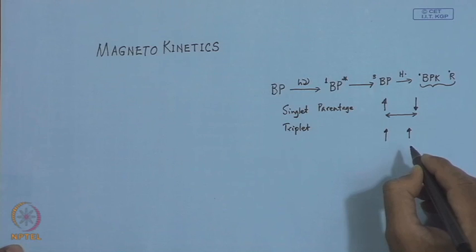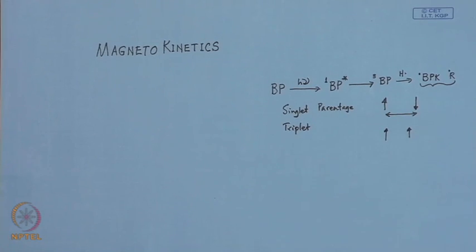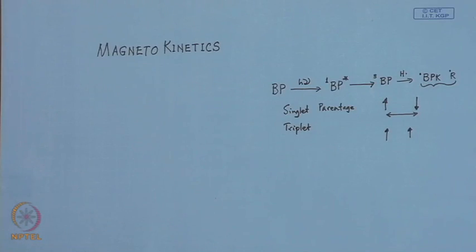Now, if you do the flash photolysis experiment, you shine your sample, maybe benzophenone micellized within SDS, sodium dodecyl sulfate micelle, with 355 nanometer radiation, and a radical pair is generated.